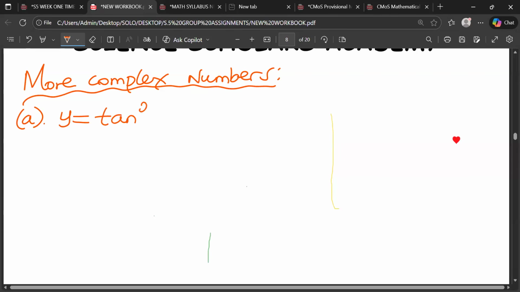I put here tan squared, then I put here x squared plus 1 over 3. Is that number doable or not doable?